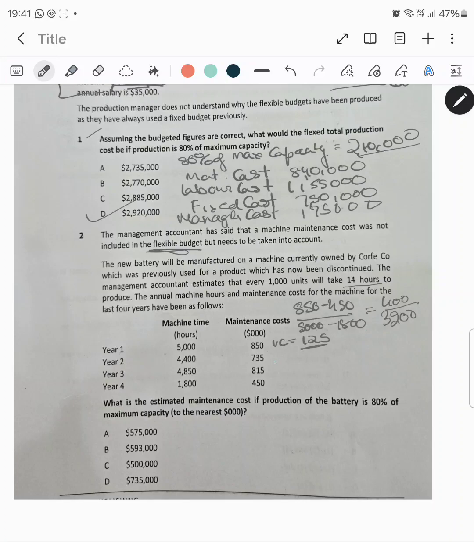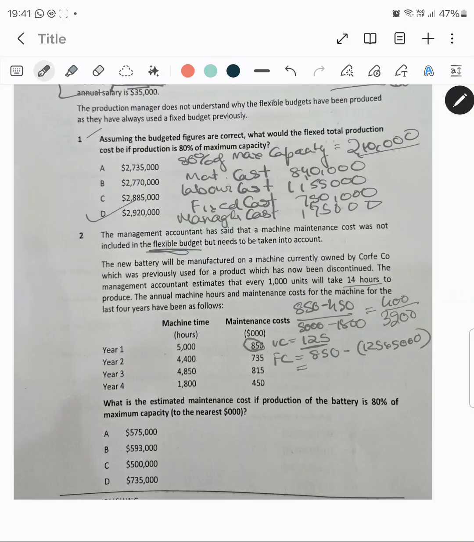Now maximum total cost was 8,50,000, right? So fixed cost will be equal to 8,50,000 minus 125 into 5,000, right? So I will get my fixed cost as well. I have to convert these numbers into thousands. I've just written 850, it's actually 8,50,000.